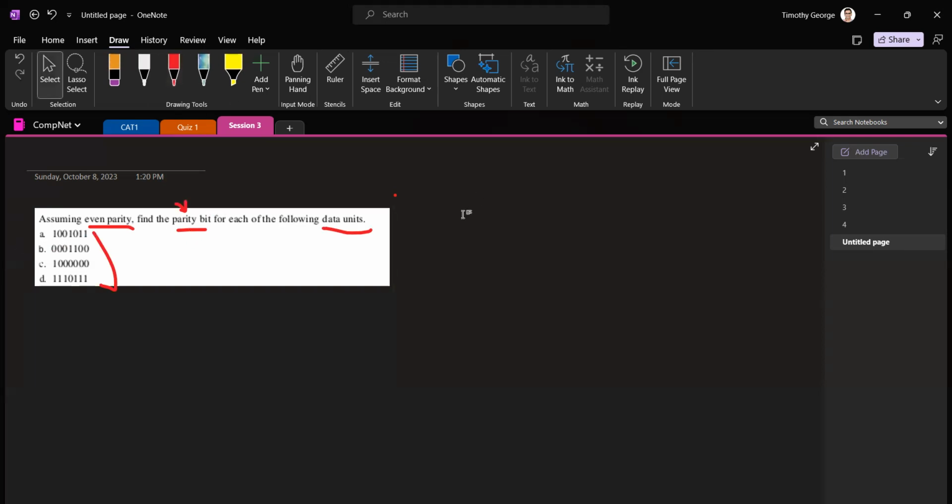So the basic idea is, let me write. Even parity implies that we need to get an even number of ones. So all ones should be even. That's all that we need to do.